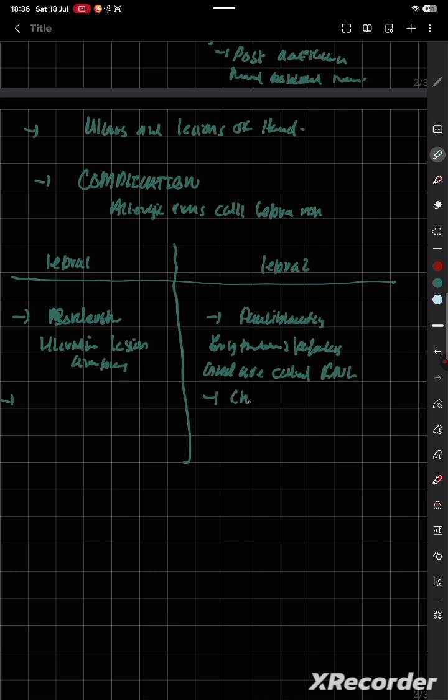Lepra reaction 2 happens because of chemotherapy. This happens because of weak CMI. It happens at the start and end of treatment.